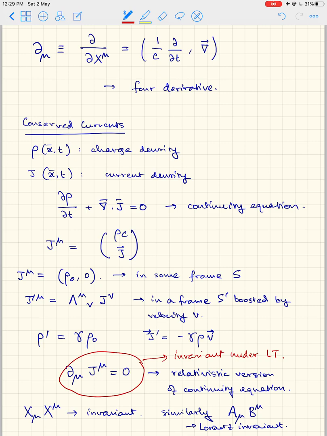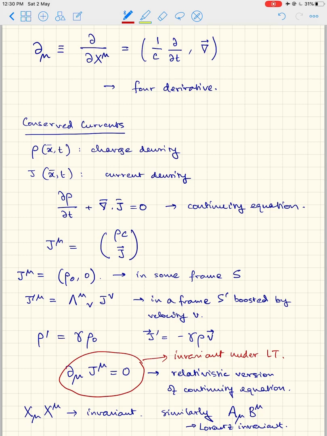What we will try to do in the next lecture is focus on the fact that we now have the mathematics of special relativity, and apply it to electromagnetic theory, and write down equations which transform nicely under Lorentz transformations.